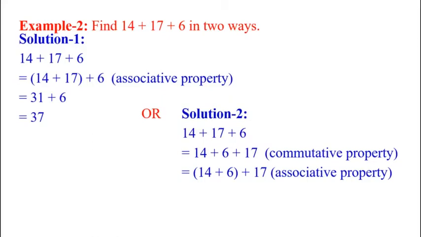Here we can add 14 plus 6 together, so we put 14 plus 6 within the bracket, plus 17. In this step we apply the associative property. So 14 plus 6 is equal to 20, and 20 plus 17 is equal to 37.